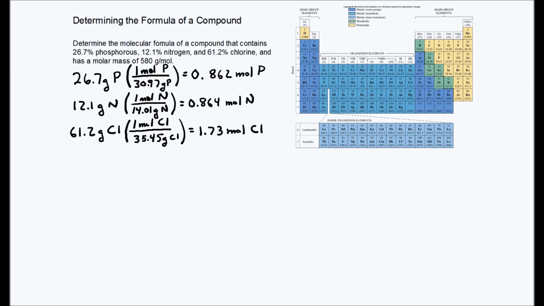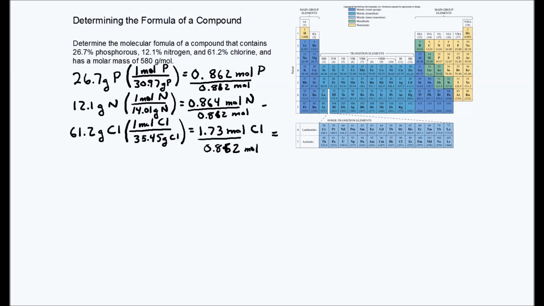We divide by that, so we divide them all by 0.862 moles.